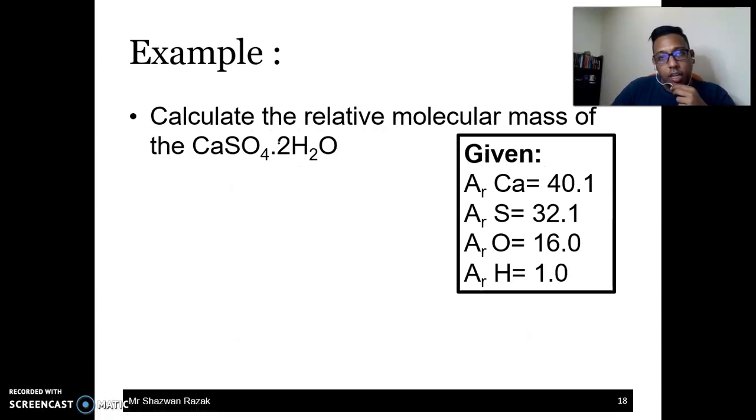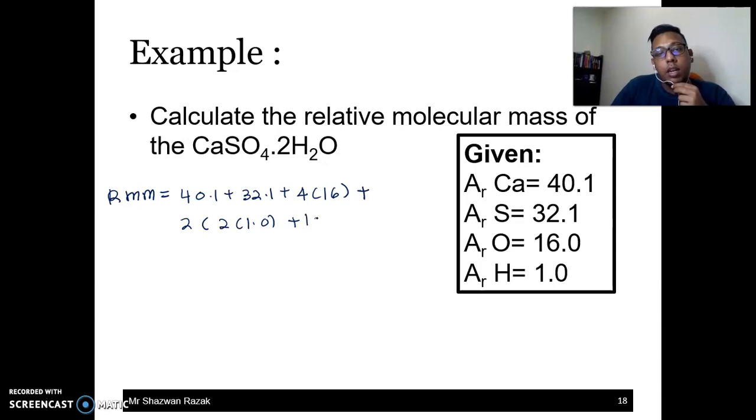Okay, if we want to calculate the relative molecular mass from the relative atomic mass, we simply add. RMM is equal to calcium, 40.1, plus sulfur, 32.1, plus 4 times 16, plus 2 times 2 times 1.0, plus 16.